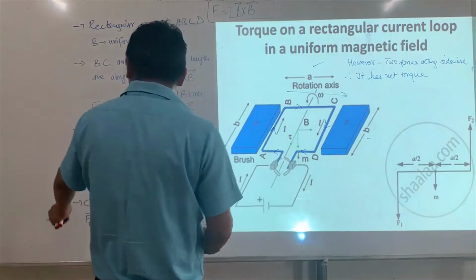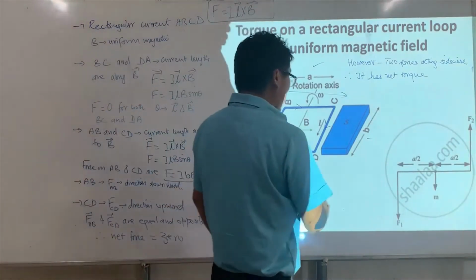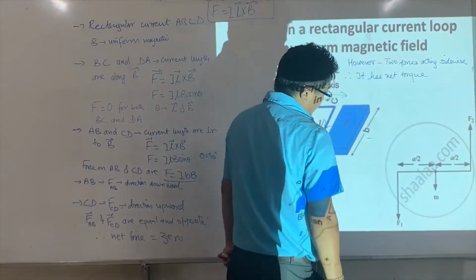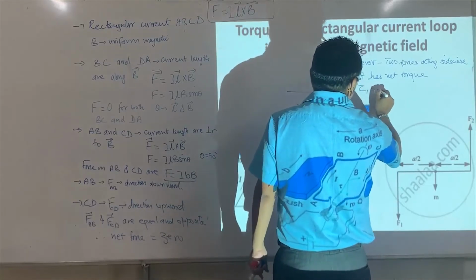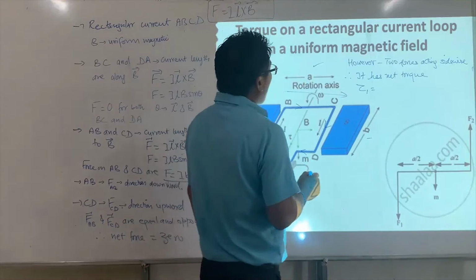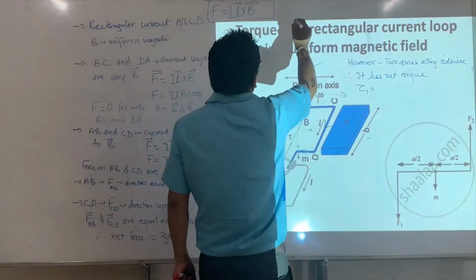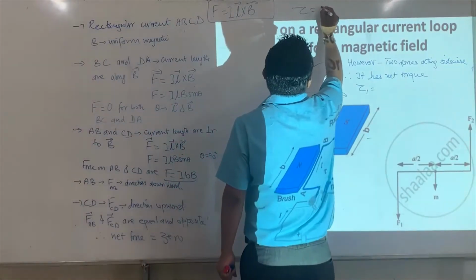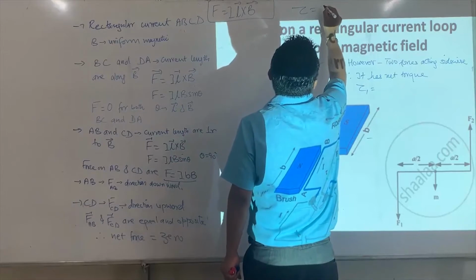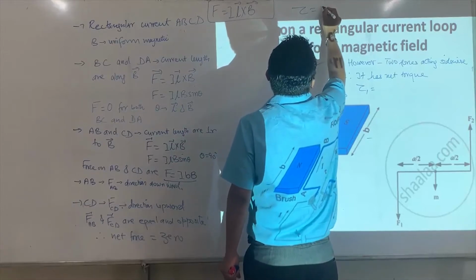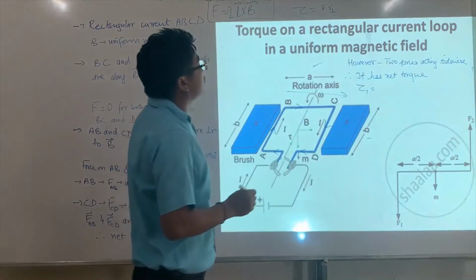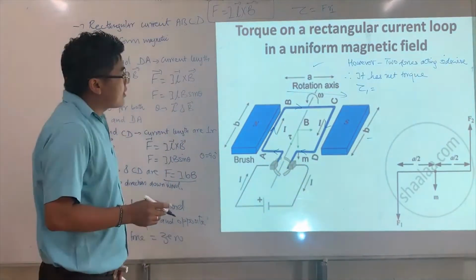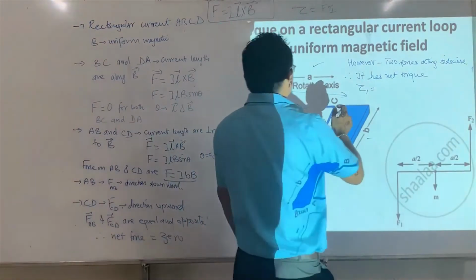So what about the torque on a DC? Look at here. This is a torque, right? So torque number 1 is going to be, what is the torque? Again, I said torque is equal to force into perpendicular distance, right? Torque is R cross F, right?